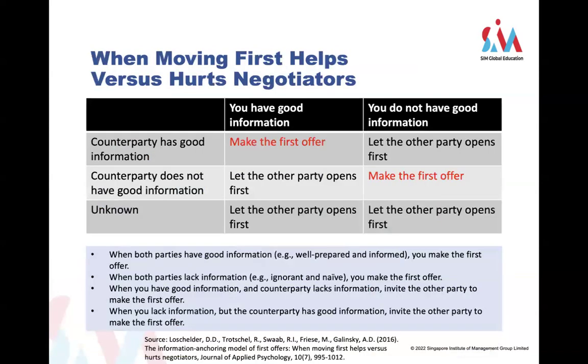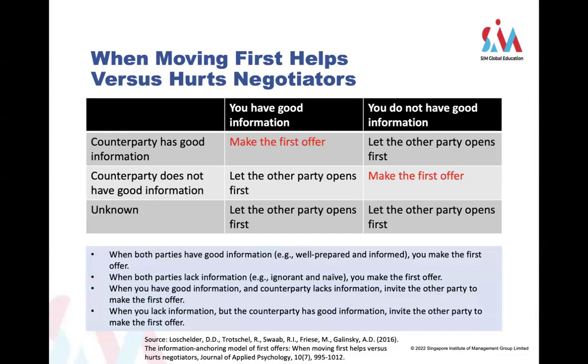Now, when should you make the first offer? This is just a guideline, all right? When both parties have good information, they are both very well prepared and well informed, you can make the first offer because your offer is the anchor point for the other party to make a counter offer. When both parties are equally ignorant, don't really know what is happening in this negotiation, you can also make the first offer because the other party is just as confused as you.